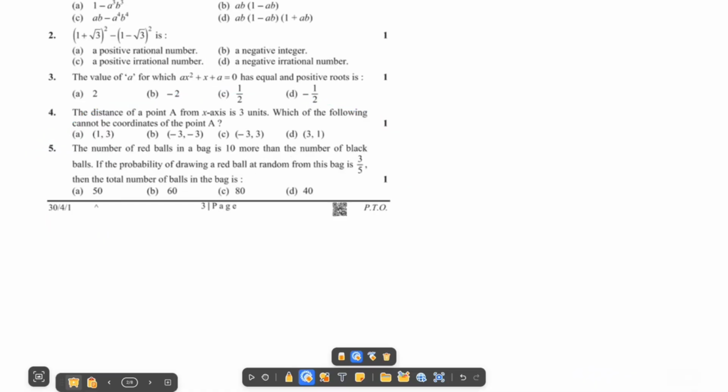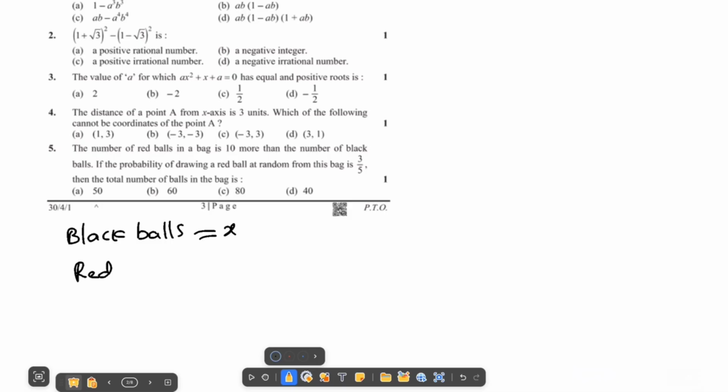Let the number of black balls be x, for example. Then if black balls are x, red balls will be x plus 10, because red balls are 10 more than this one.